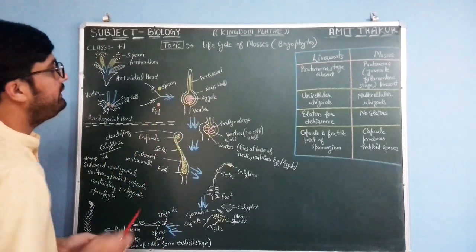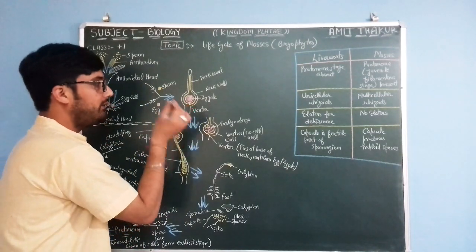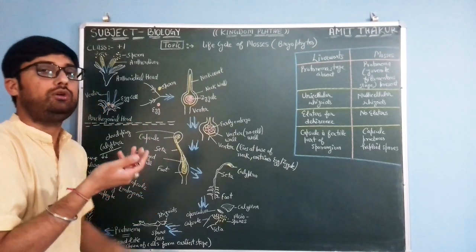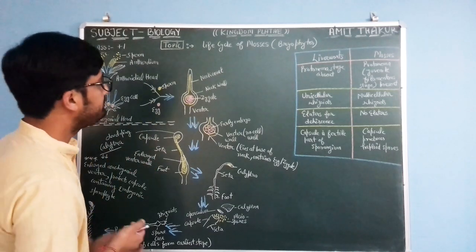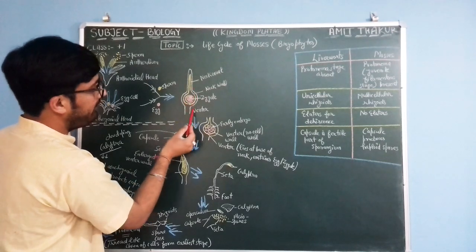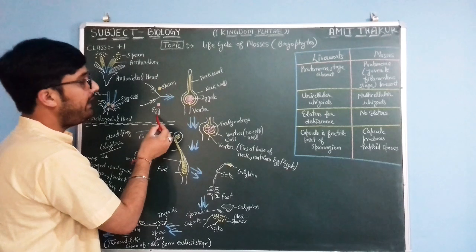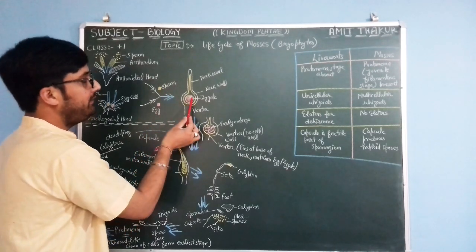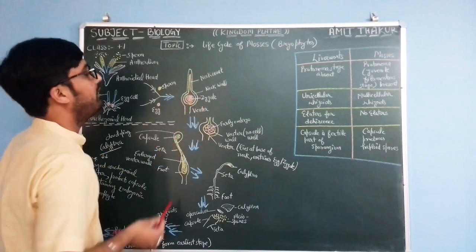Then fertilization takes place, and here you can see this is venter. Venter, as I told you earlier, is the structure which holds the egg with it. Inside this venter you can see after the fertilization of sperm and egg, zygote has been formed, and this zygote is being protected by this neck wall and this neck canal.